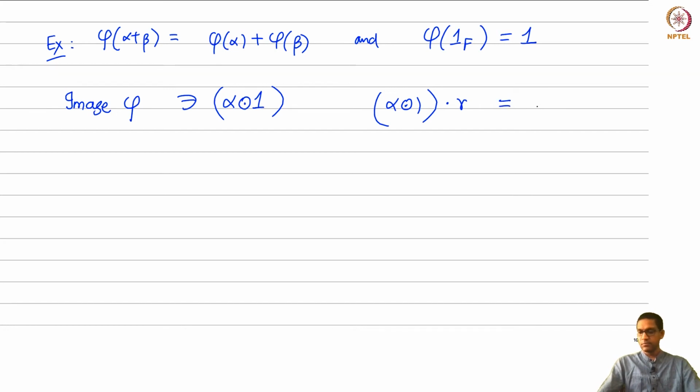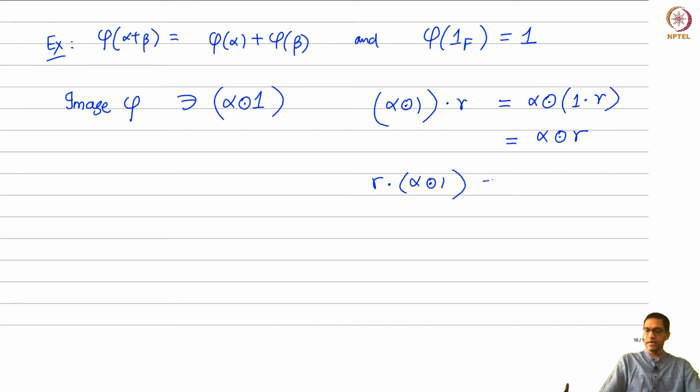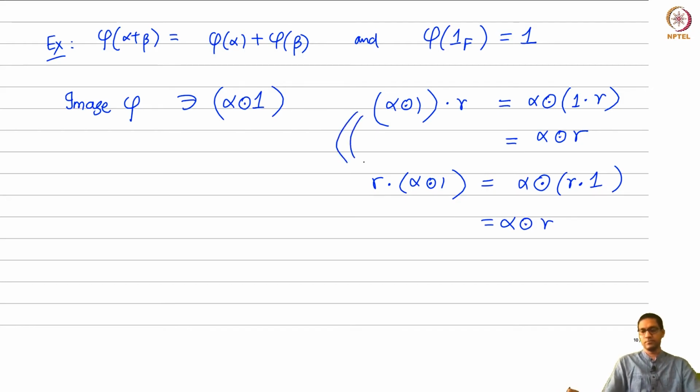By the compatibility axiom, alpha times 1 dot r is just alpha scalar multiplying 1 into r, which is just alpha times r. Whereas if I multiply it in the other order, r times alpha 1, again the compatibility axiom says this is just alpha times r. Therefore these two things are equal to each other. In other words, alpha scalar multiplying 1 commutes with the element r.